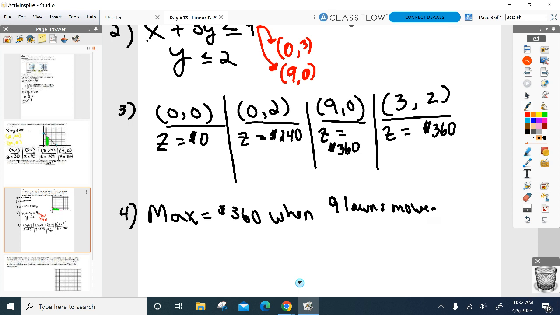I don't need to write in the shrubs because there's none here. Or 3 lawns and 2 shrubs. And I don't need anything crazy. I just don't want X equals, Y equals. Actually put the names to them. 3 lawns and 2 shrubs.